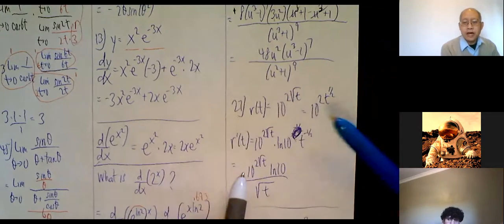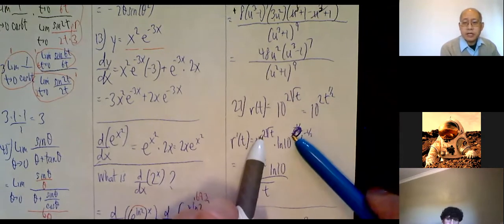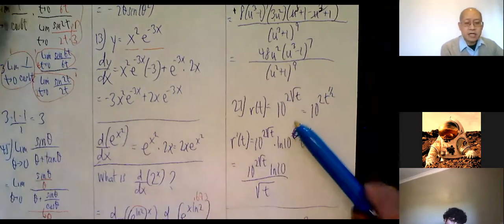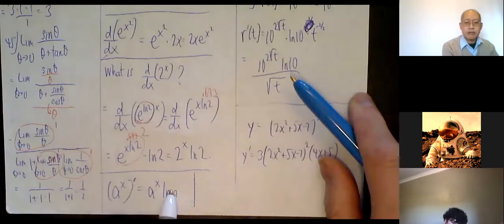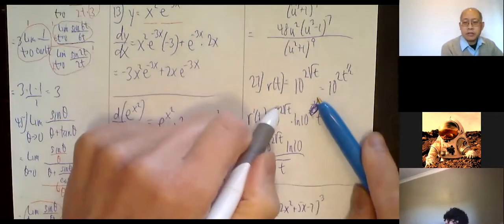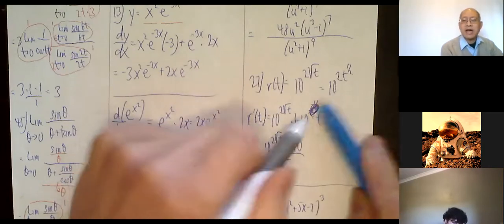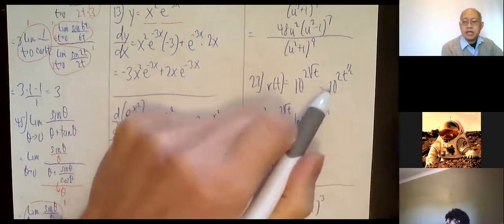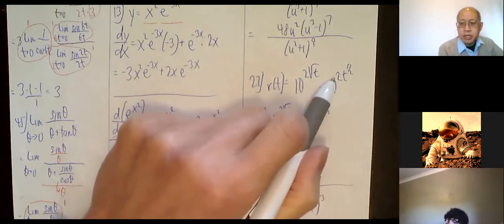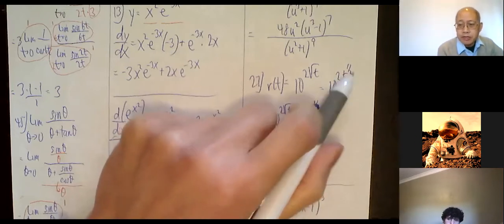All right, so first you've got 10 to the radical t ln 10. Okay, so that ln 10 comes from this law over here. Okay, so 10 to the 2 radical t, derivative is 10 to the 2 radical t ln 10, but now it's times the derivative of the exponent. So I have to differentiate 2t to the 1/2. So what's the derivative of just this?